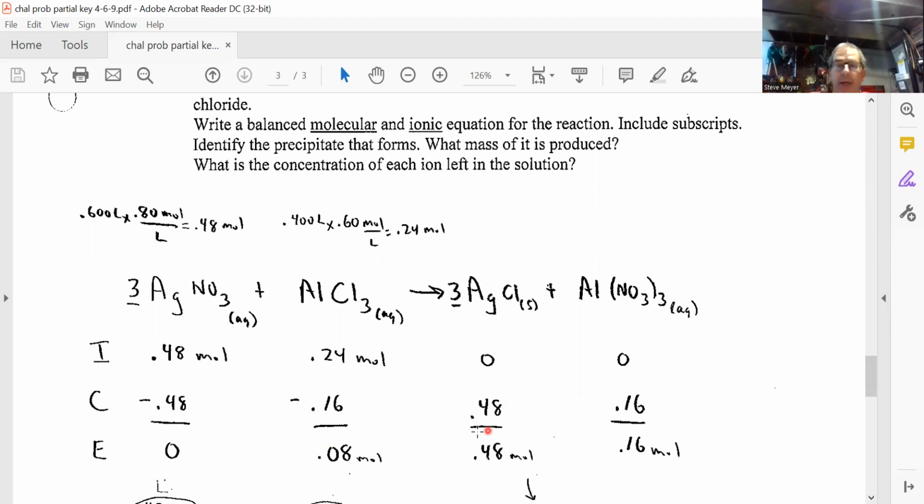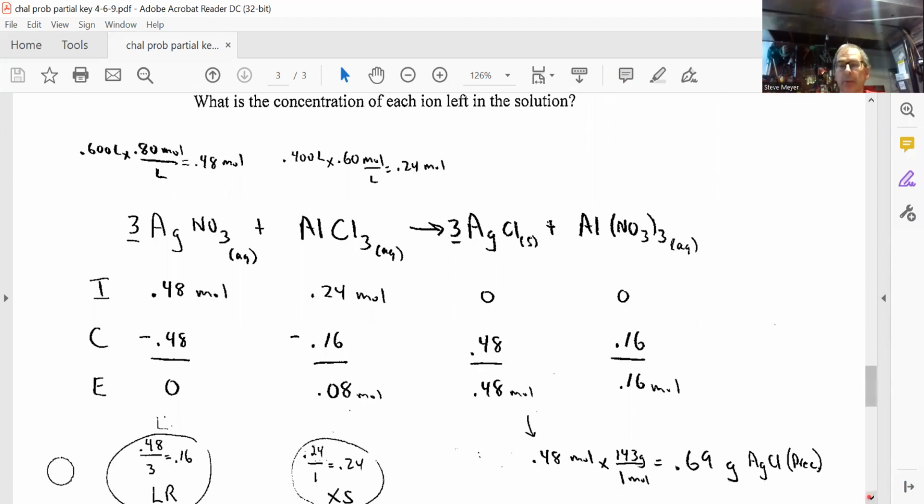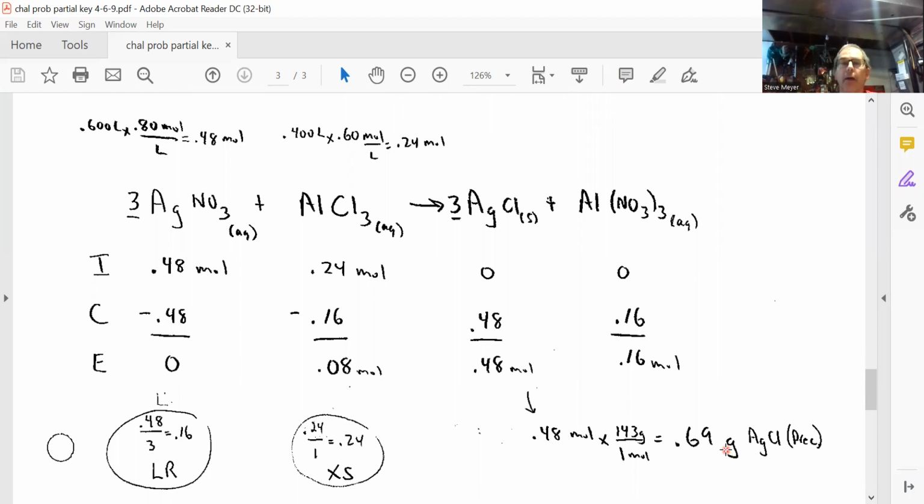Here I just went through my ratios. I knew this was my precipitate, so I just took this moles times the molar mass to get to grams right here. And then I had to add up the concentration of all ions. Notice this I ignore because there's nothing left. When I'm doing ions, this I ignore because it was all part of the precipitate.